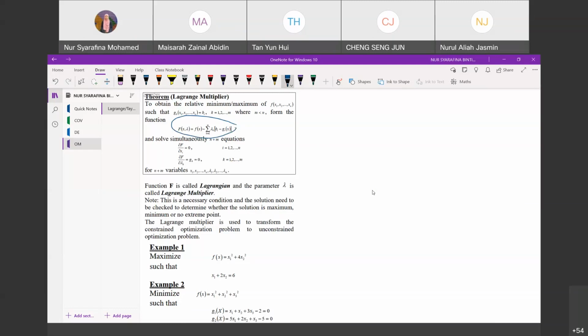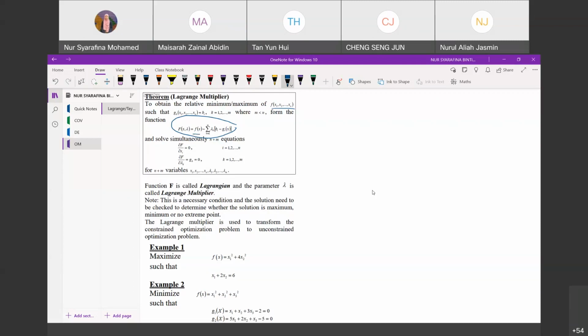We have a function that we want to maximize or minimize, and we have a constraint. Then the Lagrange multiplier will combine f and g in F(x, lambda), where F(x, lambda) equals f(x) minus the sum of lambda_k times (b_k minus g_k(x)).